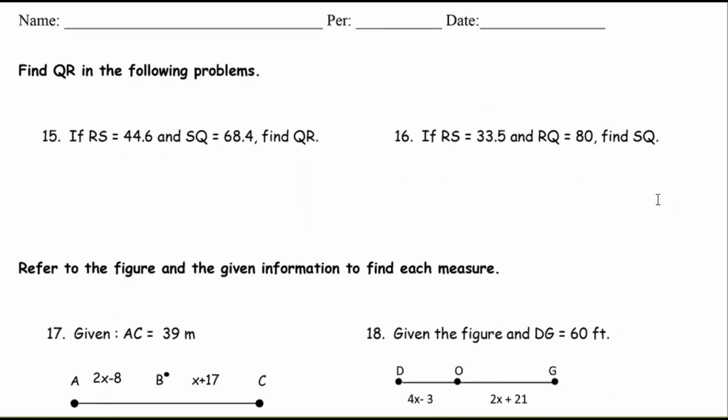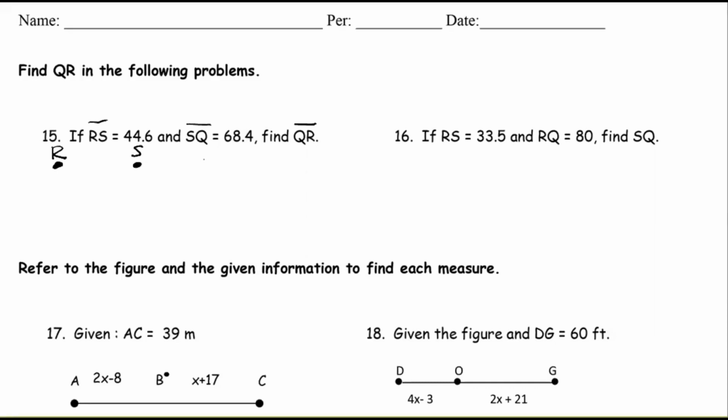Find QR in the following problem. So again, here we're looking for QR. If RS equals 44.6 and SQ equals 68.4, find QR. So here we're going to assume that it looks like this. R, S, because R to S, right?